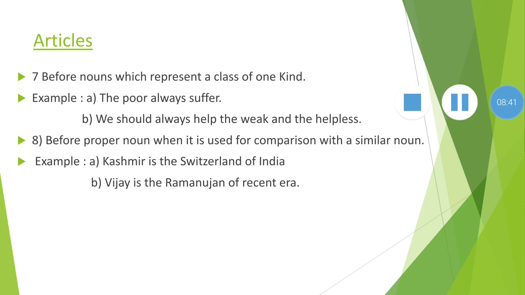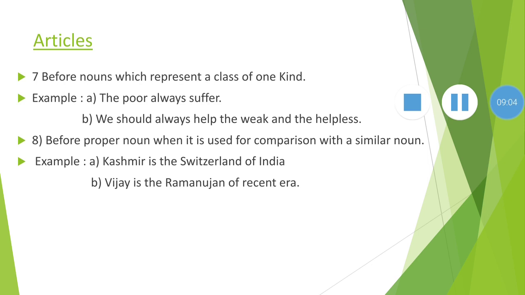Number 7, before the noun which represent a class of one kind means noun indicating specific class, community, etc. Before it we use the article. For example, the poor always suffer.